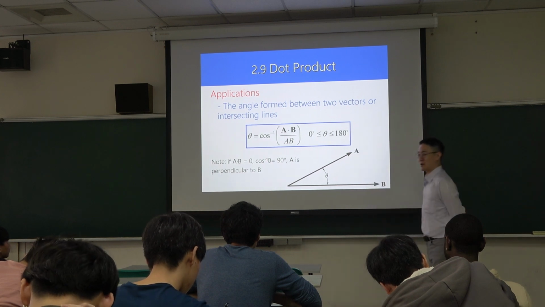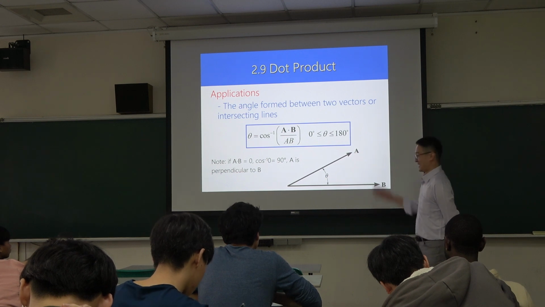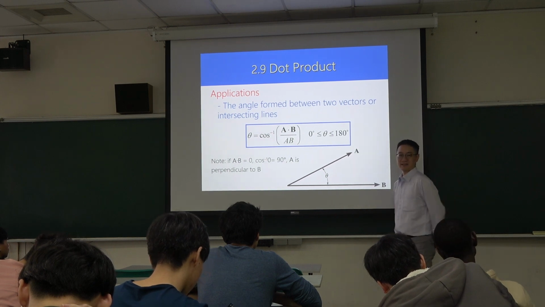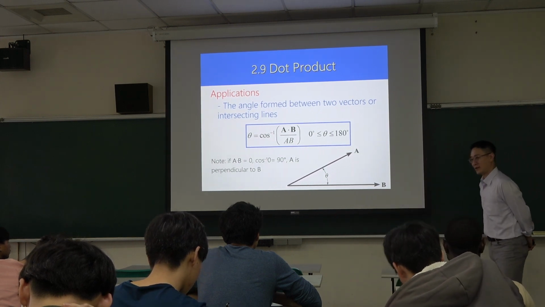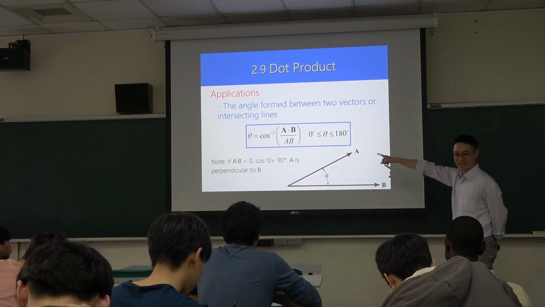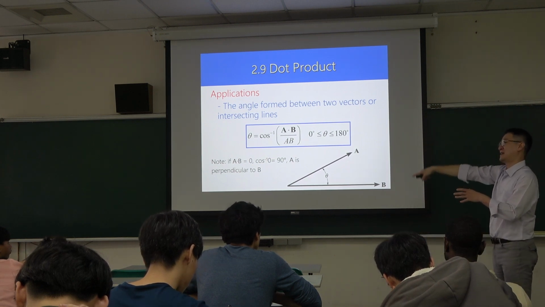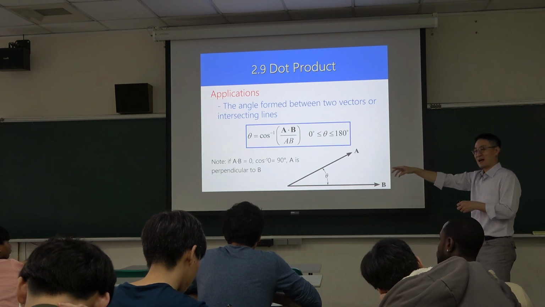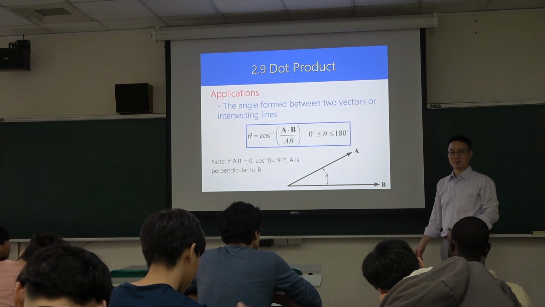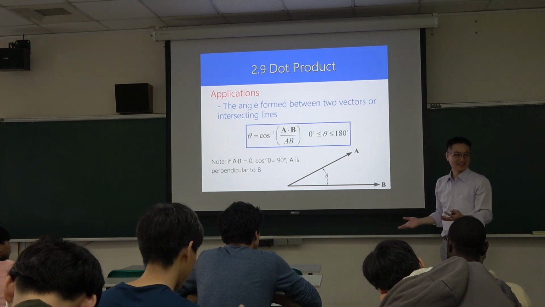Then you will think, why don't we measure theta directly? Okay, in a two-dimensional problem, theta is easy to measure, but in a three-dimensional problem, it becomes very complicated to measure. For example, if you see a tree with its branch, and I ask you to measure the angle between the main timber and the branch, what's the angle?